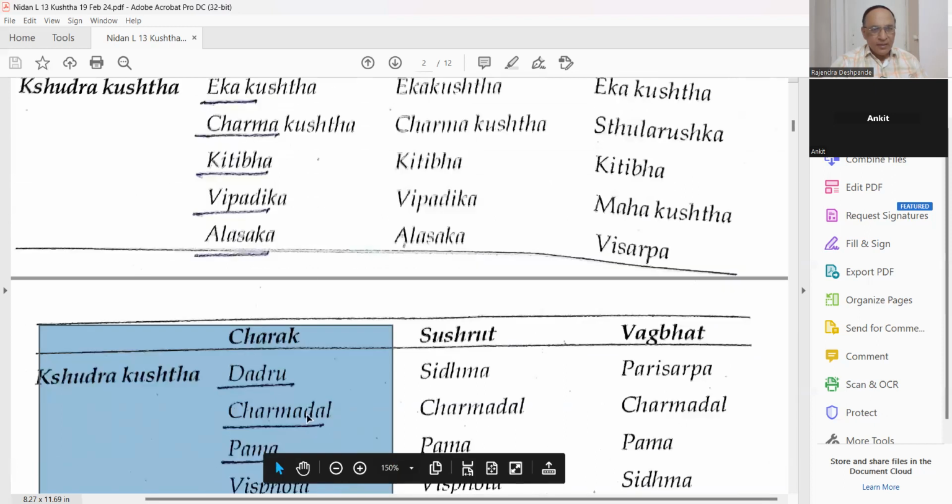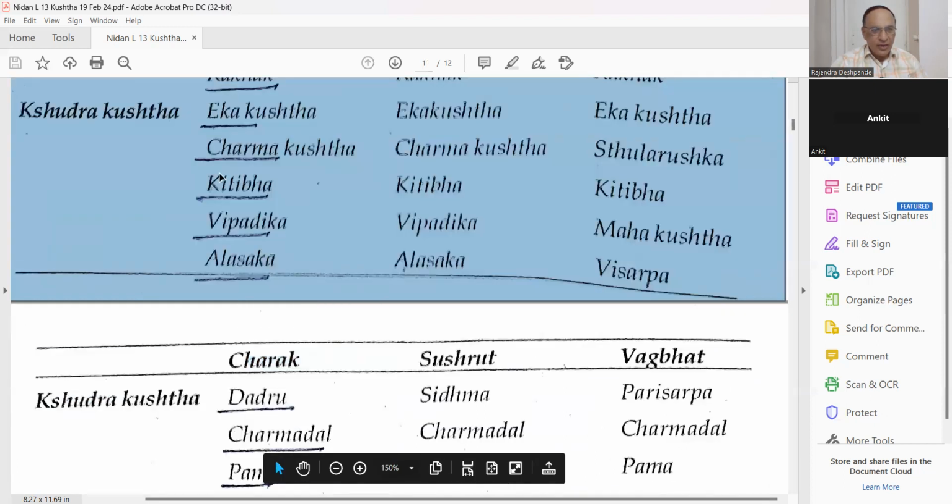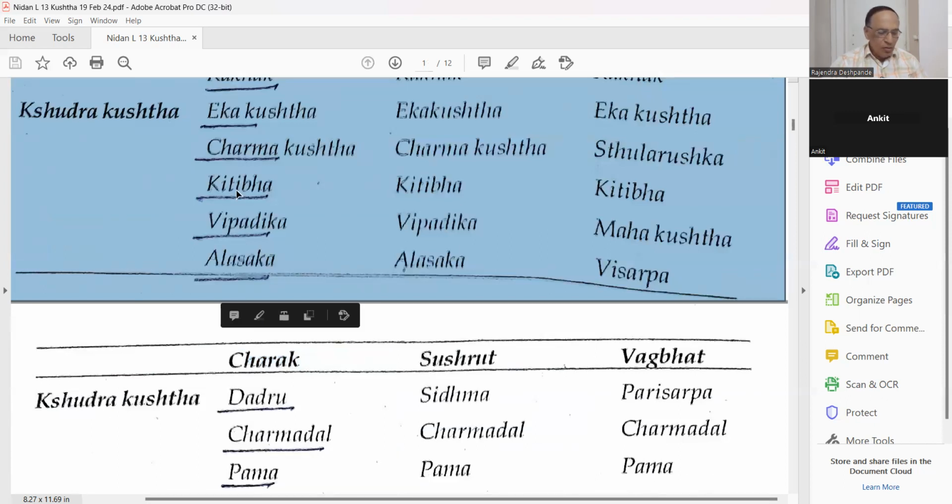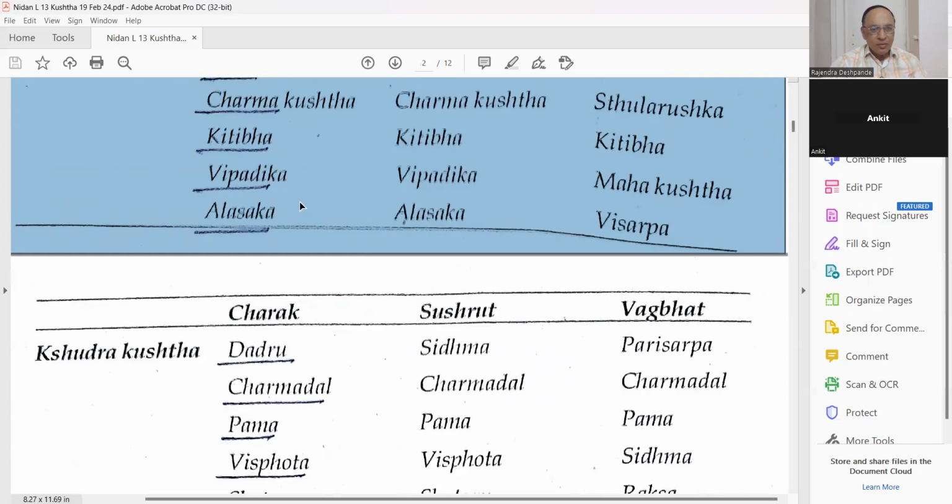Okay. Then here, can you see Kitibha? Please write down. Kitibha can be compared with psoriasis. Spelling is P-S-O-R-I-A-S-I-S. Okay.